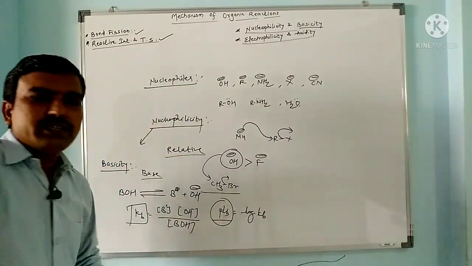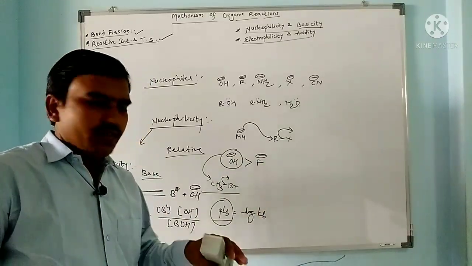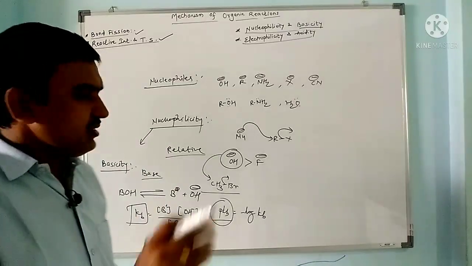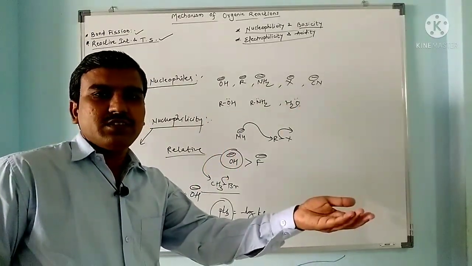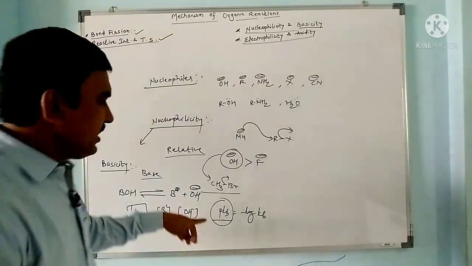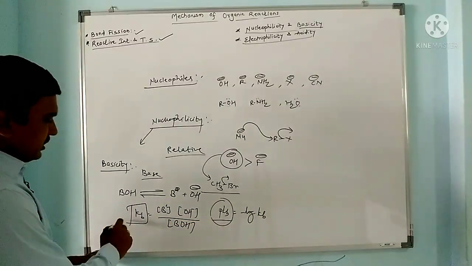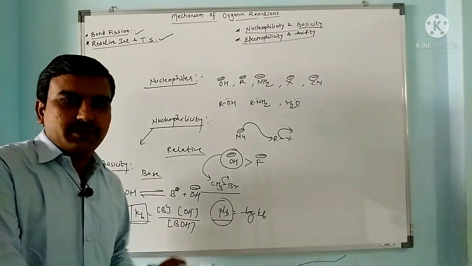The higher the pKb, the lower its basicity, and the lower the pKb, the higher its basicity. When two bases are compared, the one with the higher pKb has lower basicity. So basicity and pKb are inversely proportional, but the dissociation constant Kb and basicity are directly proportional.